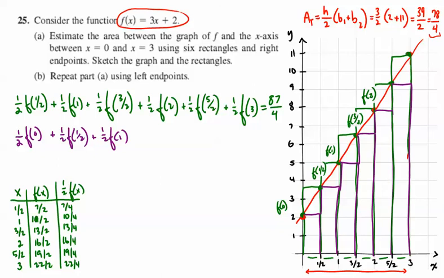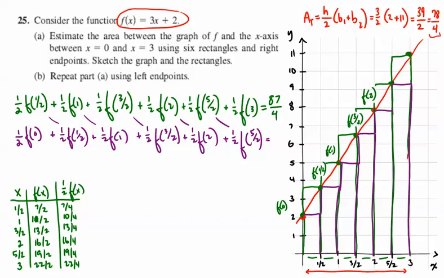And you can see that we're using exactly the same values that we used, except for the first one. The next one would be 1/2 times f of 3/2, and then plus 1/2 f of 2, then plus 1/2 f of 5/2.